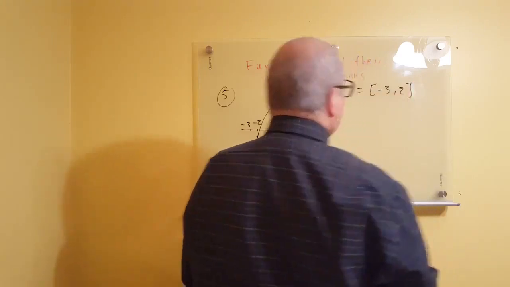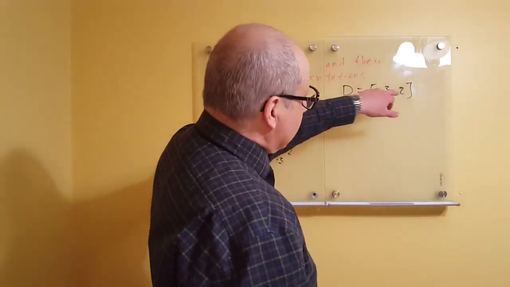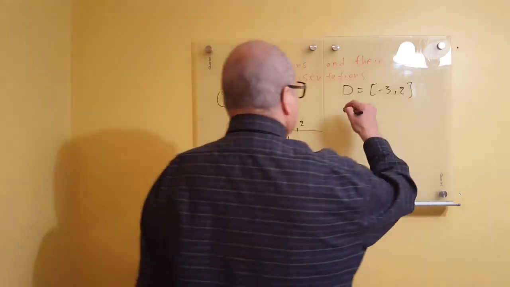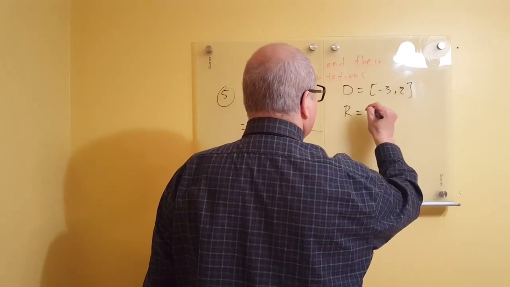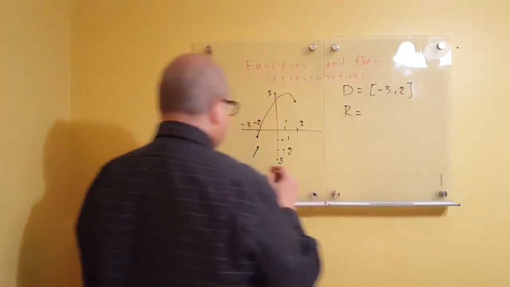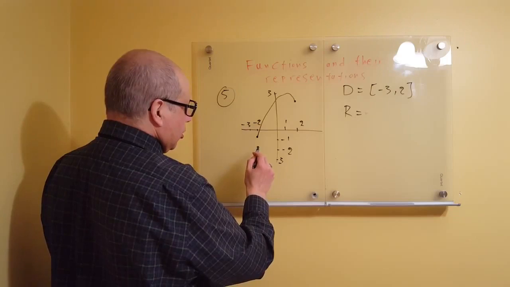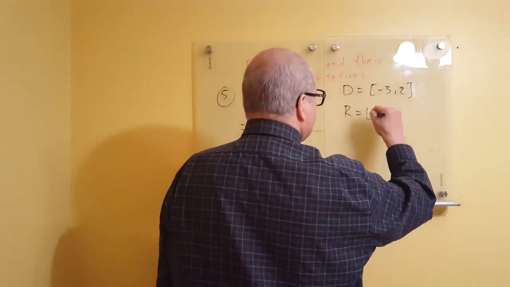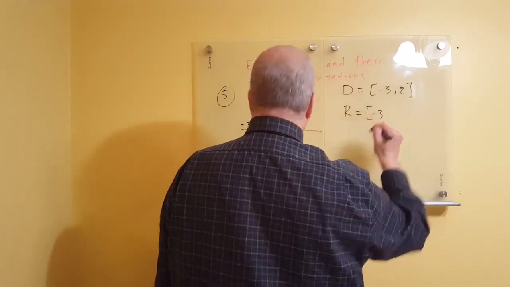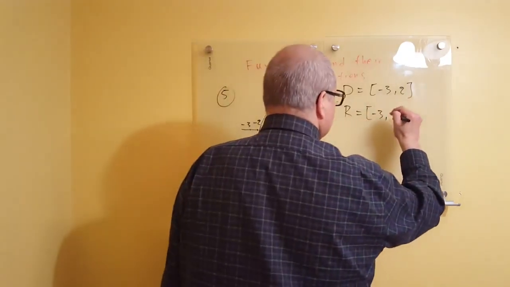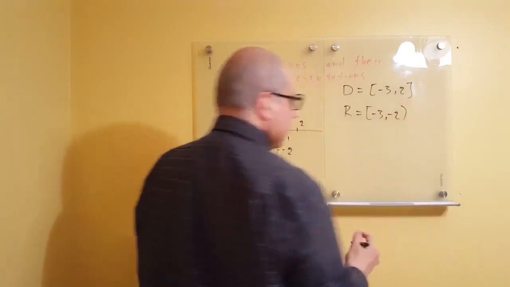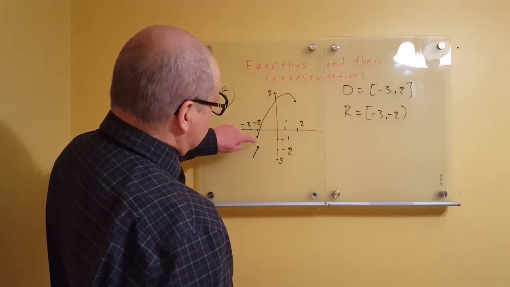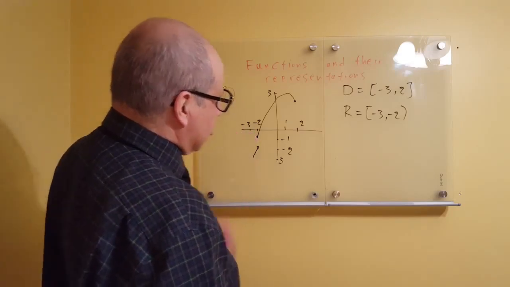We put the brackets because -3 and 2 are included in the domain. Now the range starts from -3 and goes to -2. -3 is included, so we have a bracket from -3 to -2, but -2 is excluded. So write it like this, and then here we have no values, and then we go to -1.